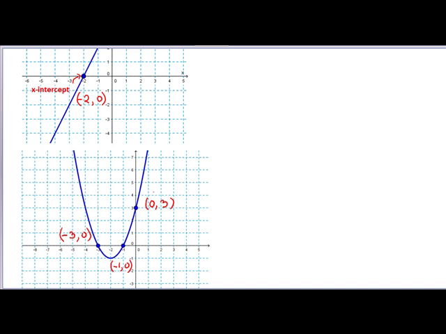So you have a y-intercept right here, and right here we have two x-intercepts.